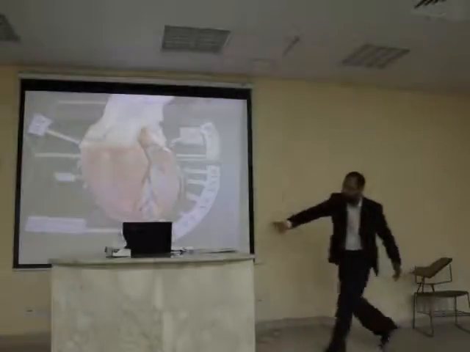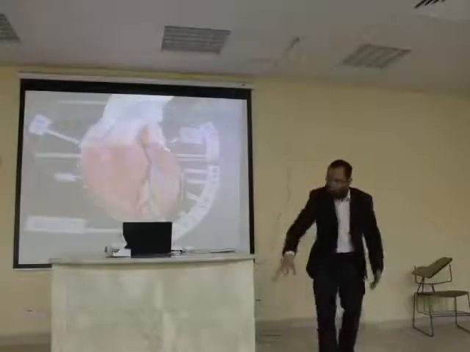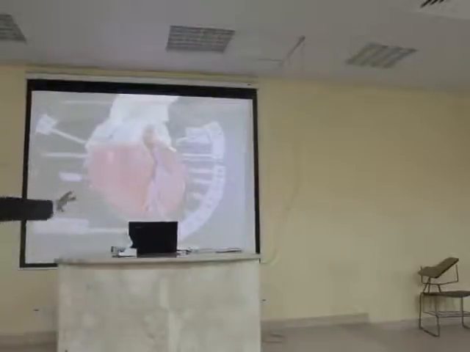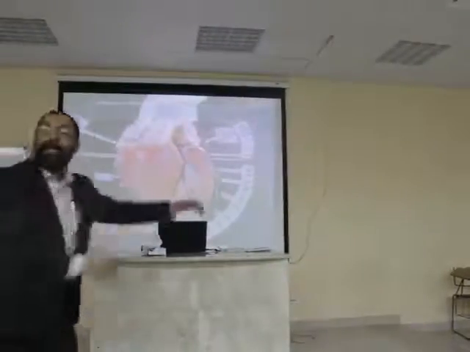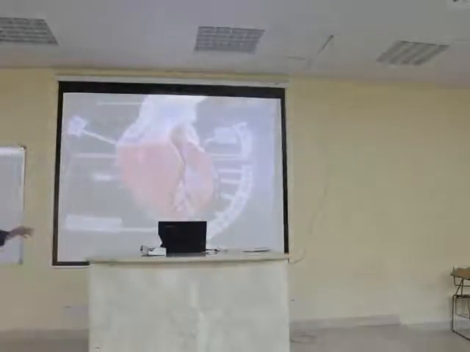Here you have the V6 area, here the V5 area, here the V4 area, V3 area, V1 and V2 mainly septum. So septum, anterior and the left lateral side. V1, V2 for septum. V3, V4 generally for the front, anterior. V5, V6 for the left lateral side of the heart. So in this way, you are visualizing.